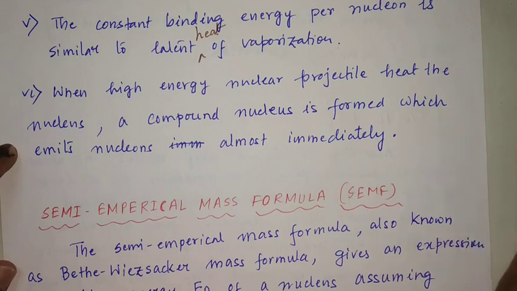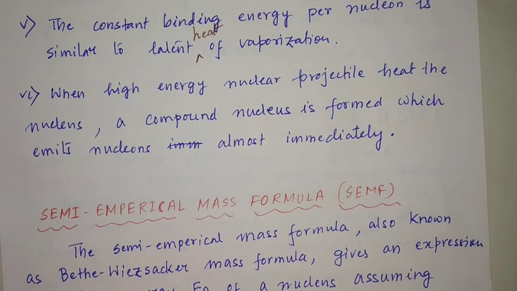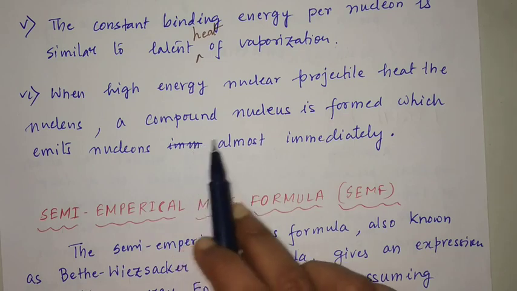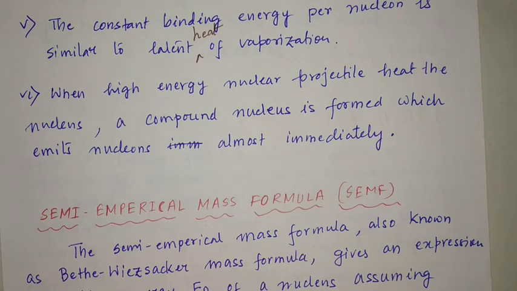So in that case what happens? First a compound nucleus forms: the neutron with a very high speed comes, hits the nucleus and gets attached to it, and as a result a compound nucleus is formed which eventually breaks apart. Okay, it emits different kinds of nucleons to become stable, and this happens almost immediately.